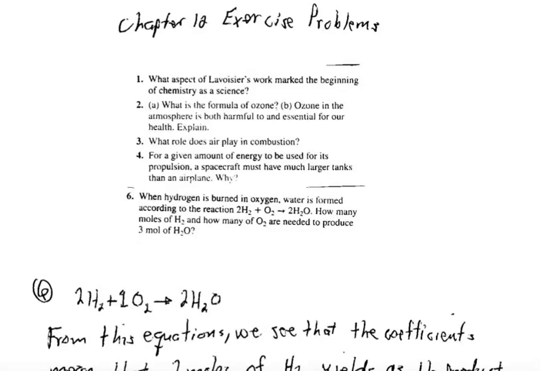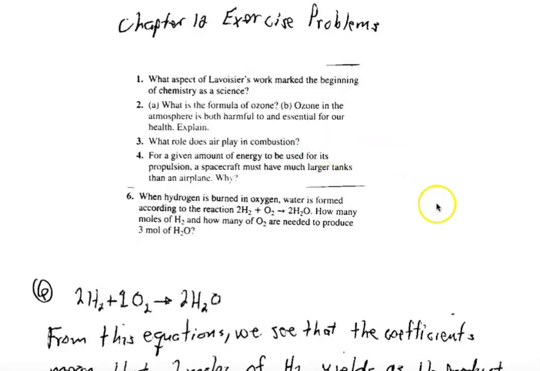Number six, when hydrogen is burnt in oxygen, water is formed according to the reaction 2H2 + O2 yields 2H2O. How many moles of H2 and how many moles of O2 are needed to produce 3 moles of water?